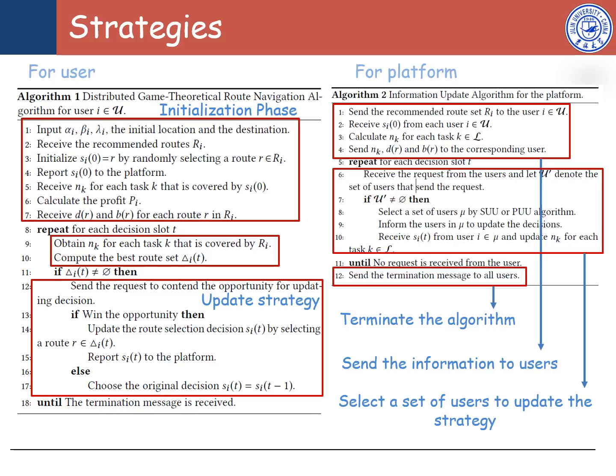In our proposed strategy, most of the computation load is distributed to the users. Each user calculates the profit and makes the decision locally to maximize the local profit. The platform cannot control users. It merely selects a random user to update the decision and transmits the information among users.